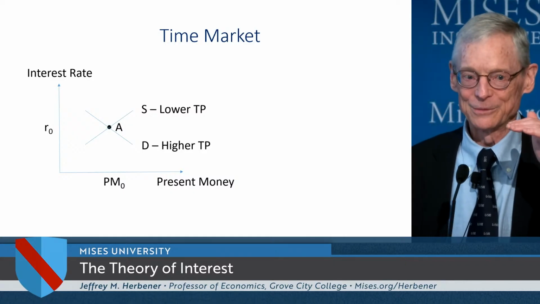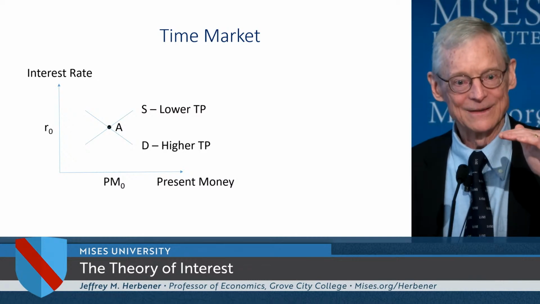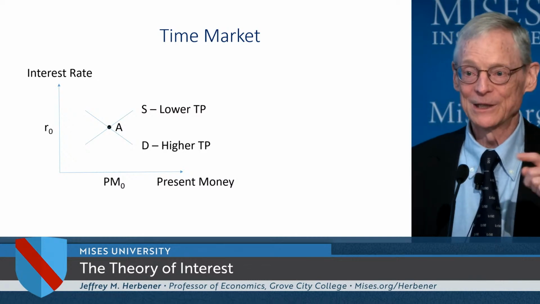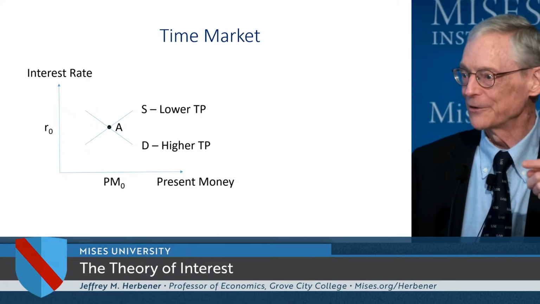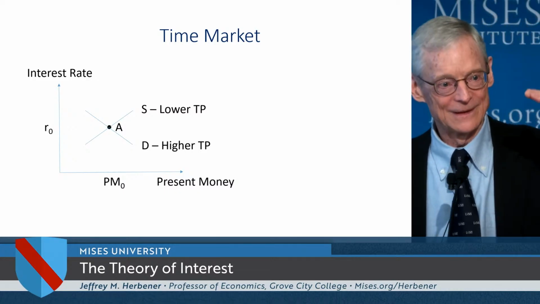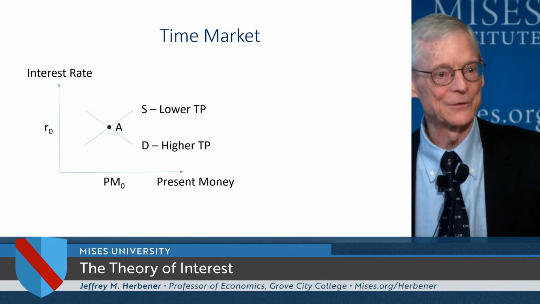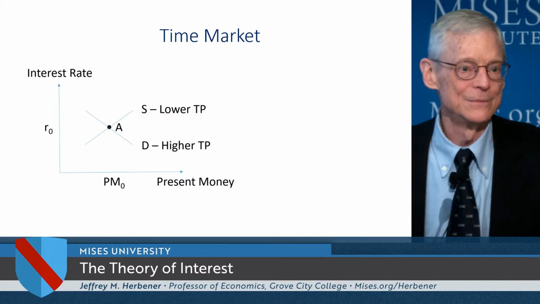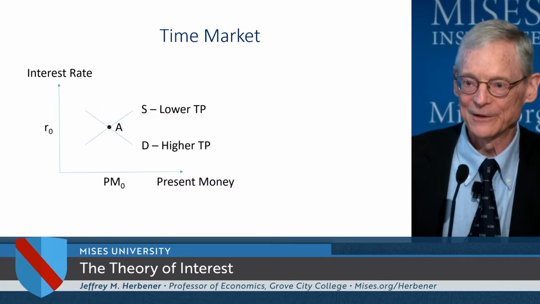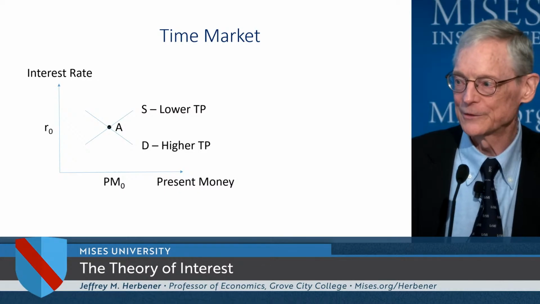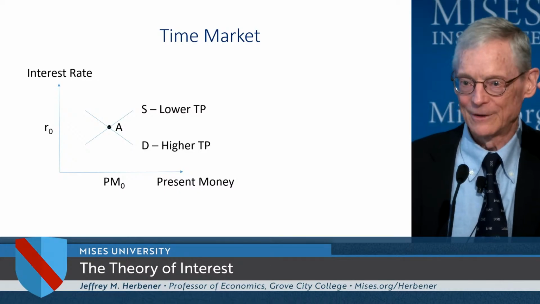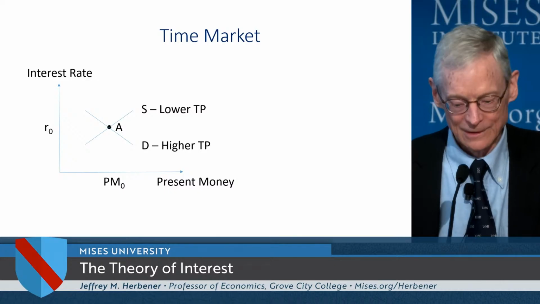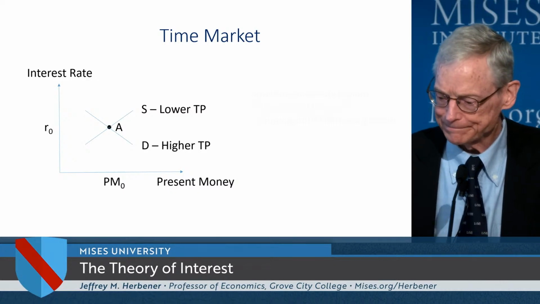The interest rate will be at the point that clears the market. It clears the market because it's mutually advantageous between the traders. And at different potential interest rates, we wouldn't see some of the mutually advantageous trades take place, and therefore those interest rates don't exist, one higher above R0 or one lower below R0.